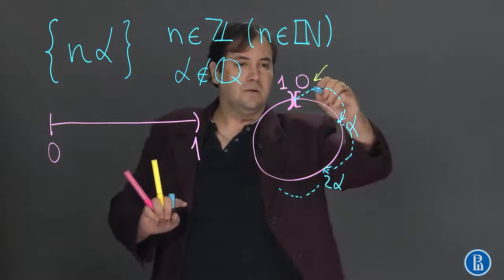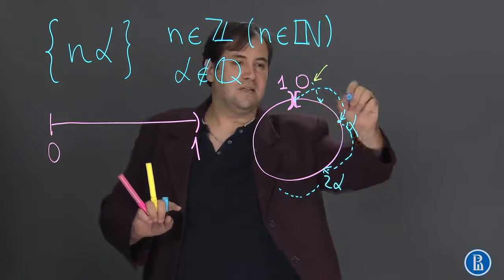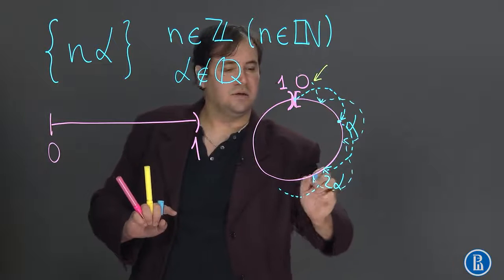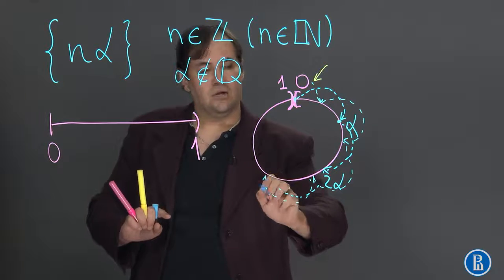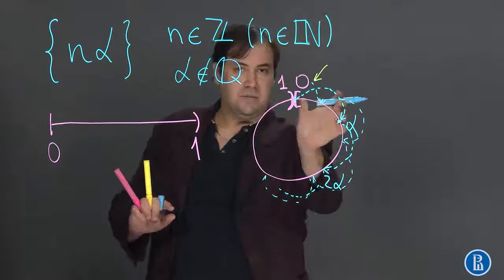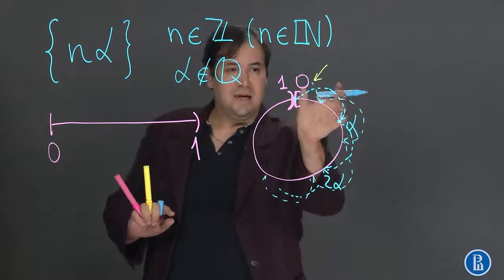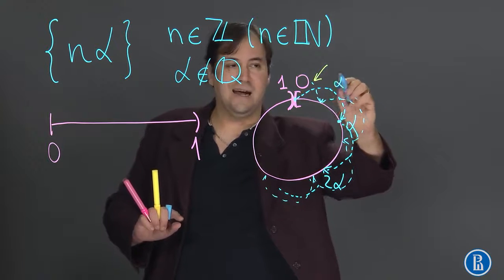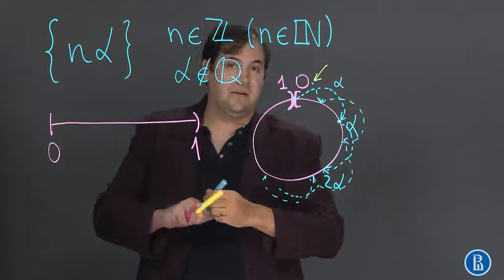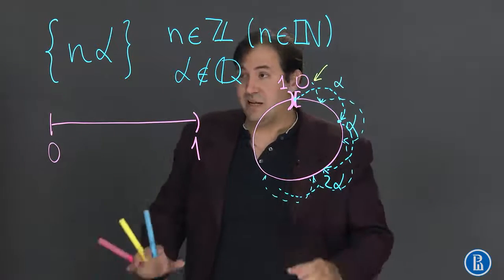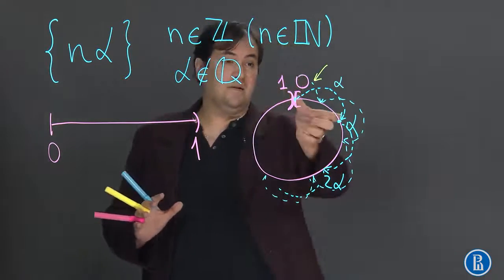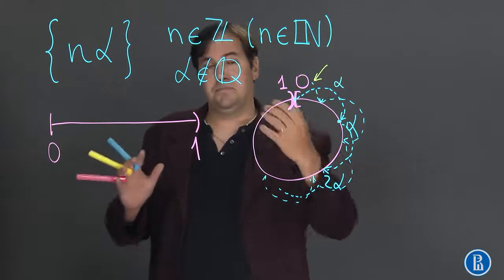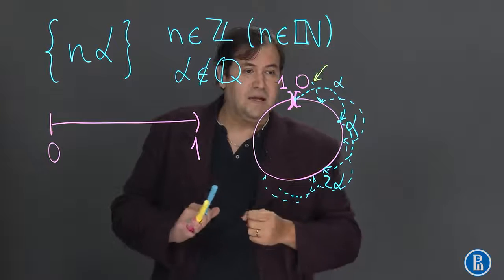So this grasshopper is jumping along the circle, and every step has the same length. The length we will also denote alpha. Of course, if alpha is greater than 1, then the length of the grasshopper's jump is just the fractional part of alpha.